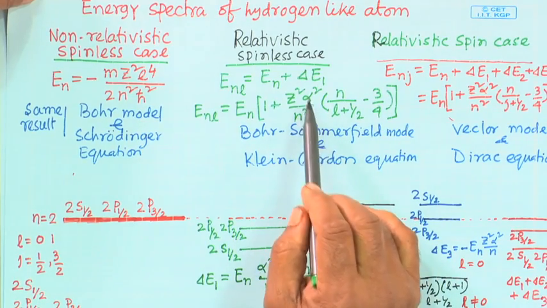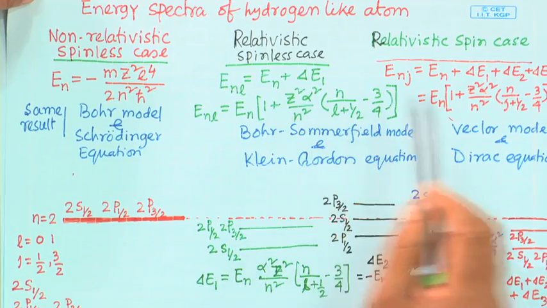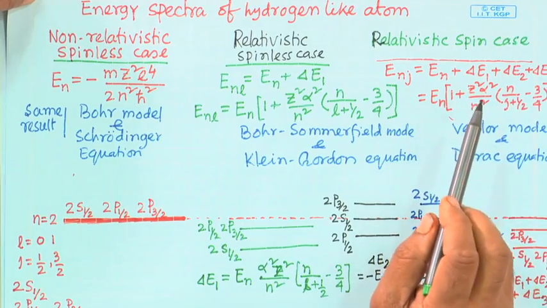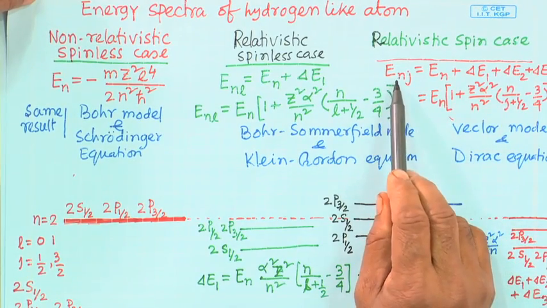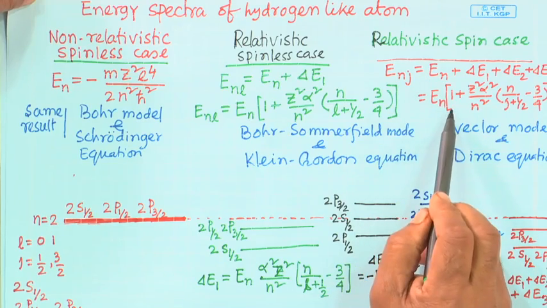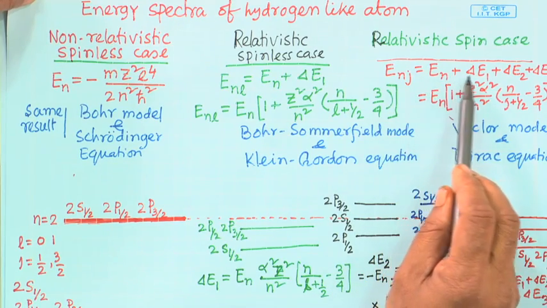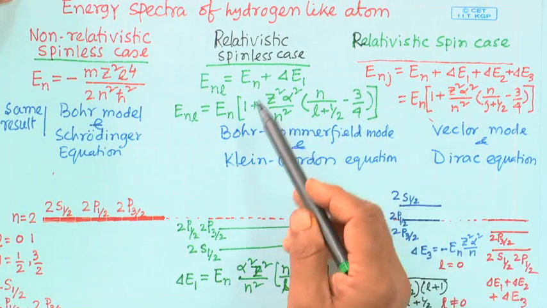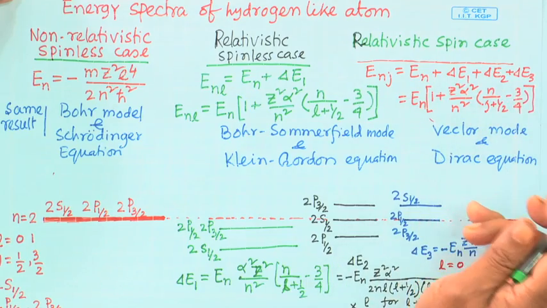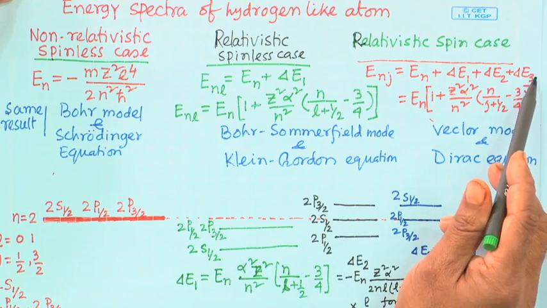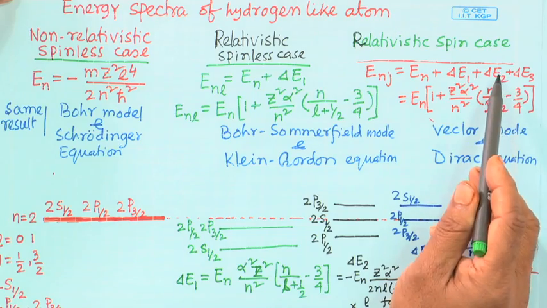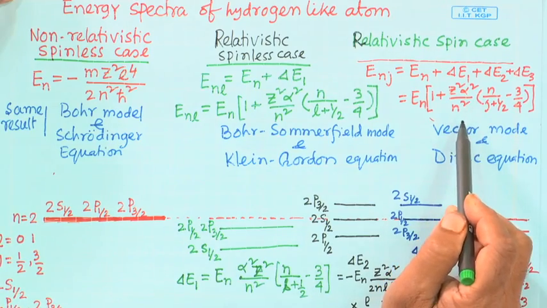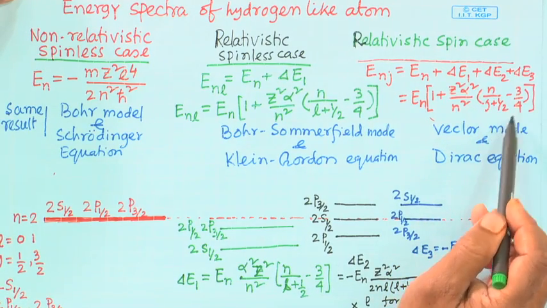So, this is the relativistic but spinless case, and next is the relativistic and spin case. That is the solution of the Dirac equation, and the energy expression Enj equals En plus del E1 plus del E2 plus del E3. If we add all of them, each correction term we have derived, you should check it, then you will get Enj equal to En times 1 plus z square alpha square by n square, n by j plus half minus 3 by 4.